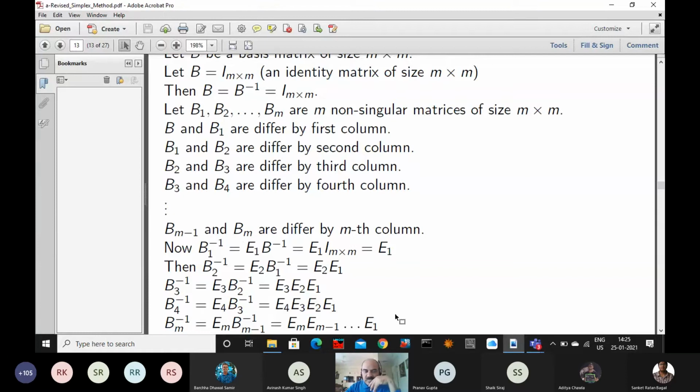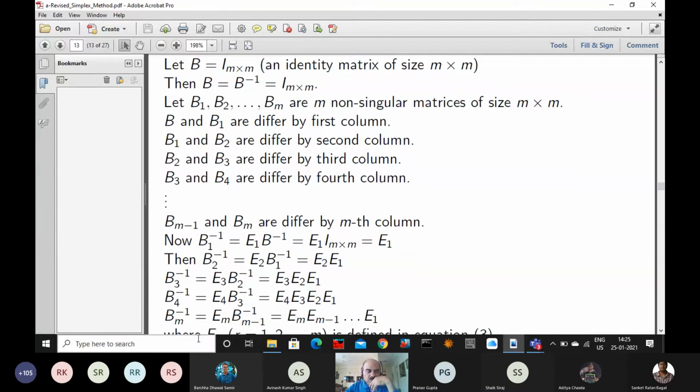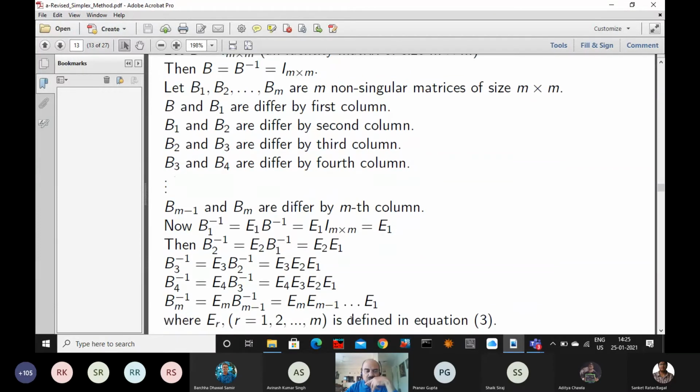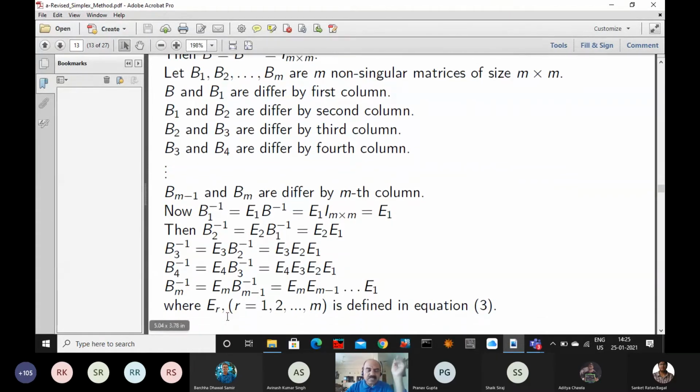Similarly, Bm inverse equals Em into Bm-1 inverse, so ultimately Em, Em-1, and so on, finally E1. Now what is Er? R varies from 1 to M. If it is E1, only the first column is different. If it is E2, the second column, and so on. In this manner.